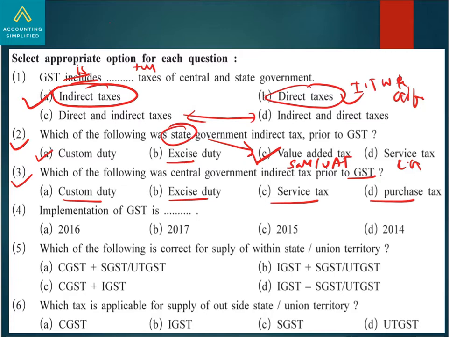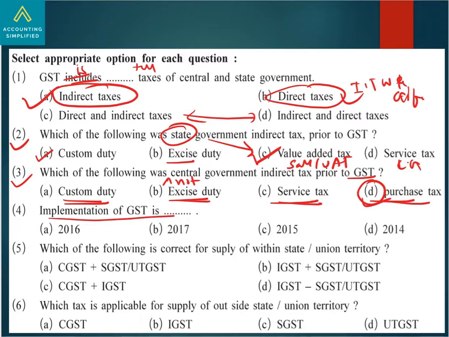It should be: which of the following was not a central government indirect tax? The answer is purchase tax, because service tax, excise duty and custom duty are central government taxes. So you can modify the question like that.